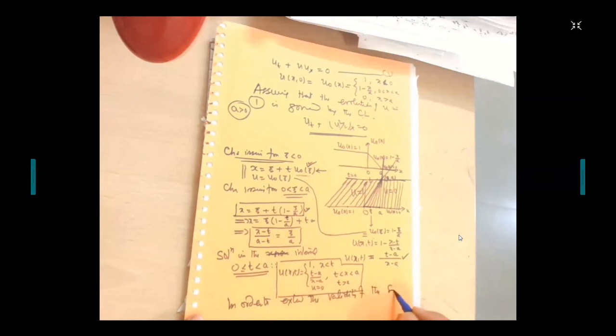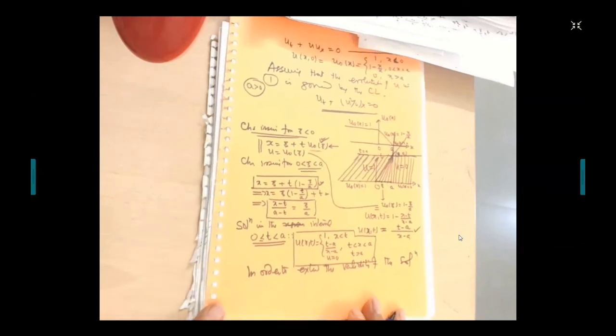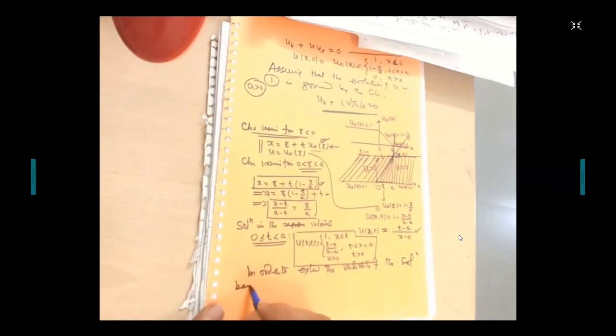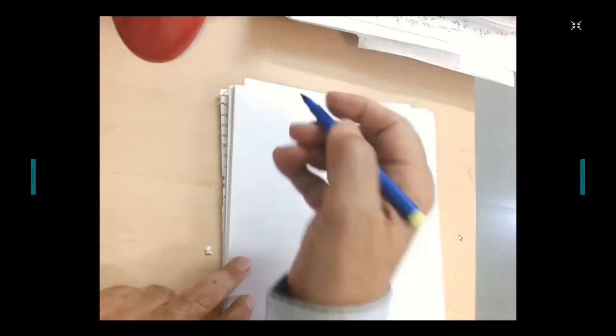In order to extend the validity of the solution beyond the breaking time, that is t is equal to a, we need to introduce a discontinuity, and that discontinuity must satisfy the RH condition.